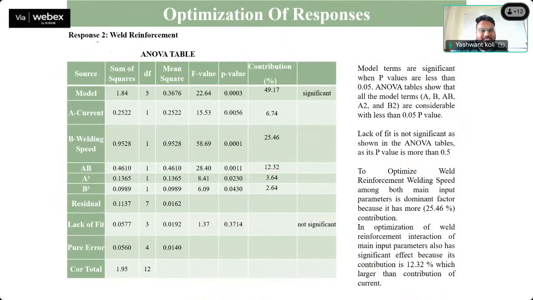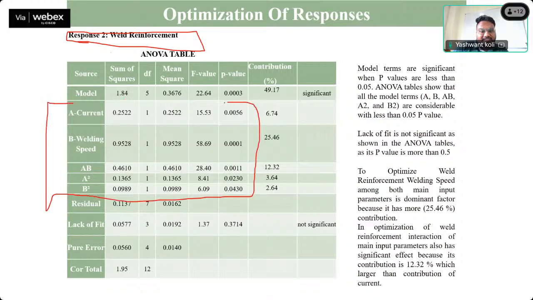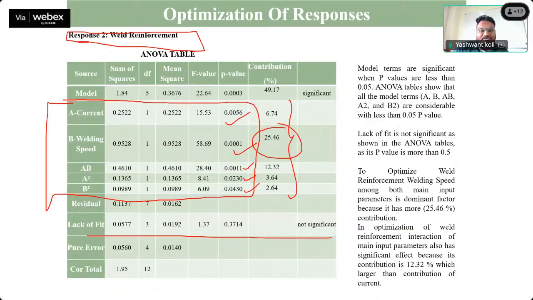Now comes the second response, weld reinforcement. The same thing we can check. All these things should be significant. You can see the p-values. Then lack of fit is not significant. You can see the contribution. This time 25.46 percent is welding speed.